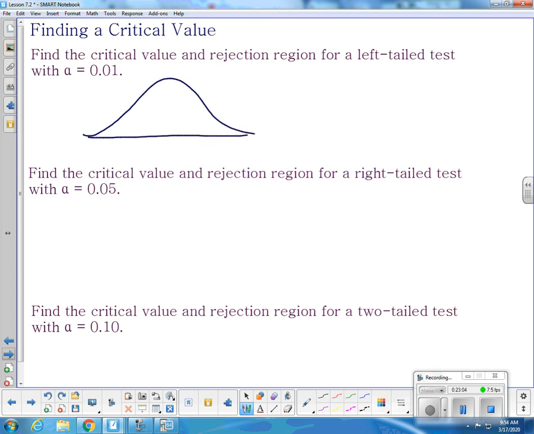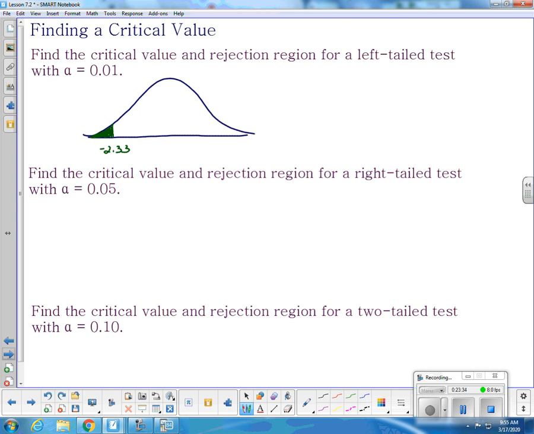So you're over here. You know it's going to be in here. And negative 2.33. So anything that's in the rejection region would be that. So that shaded part is your rejection region. If it falls in there, that's not good. If it falls in the white spot, you're good. Okay?